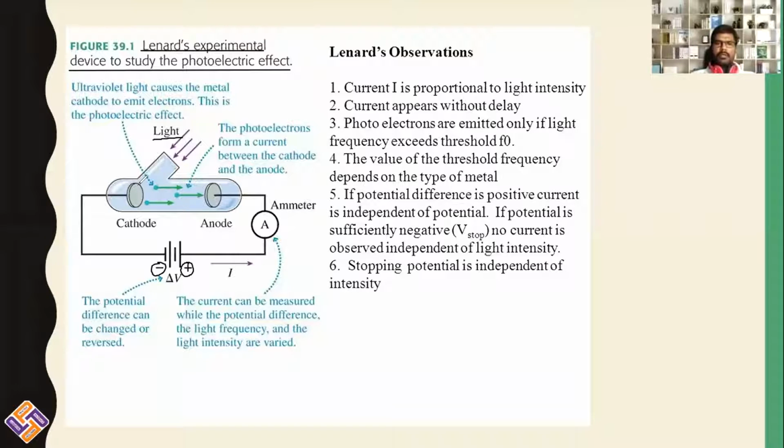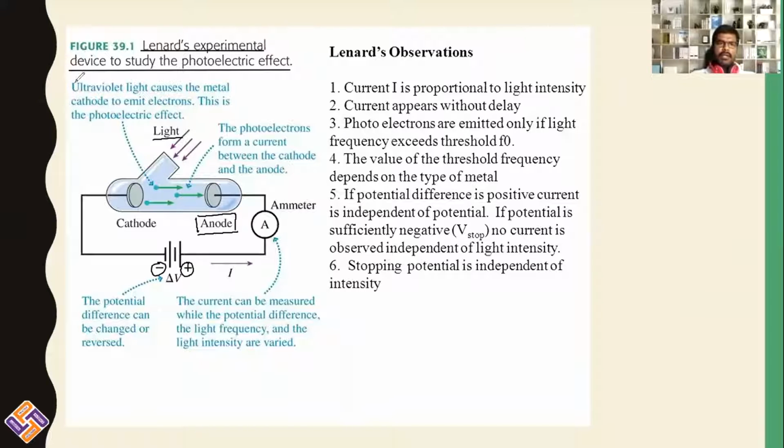On this cathode metal, light can be incident such that if the energy is greater than the work function, electrons can be knocked out. Those electrons are pulled by the anode, which is positively charged. The electrons coming out have negative charge. That's the reason why they are dragged towards the anode.